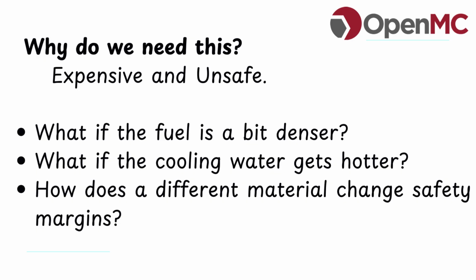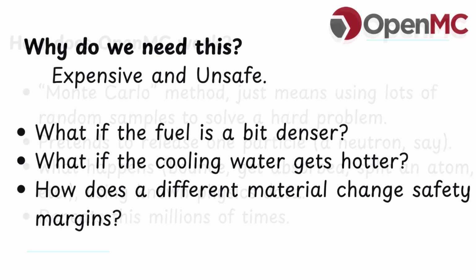So these simulations help us check the outcome after a change in the parameters, and after getting the result we can implement that in the experiment. The parameters we can change are, for example, the density of the fuel, the temperature in the geometry, and the different materials we can use in the reactor.